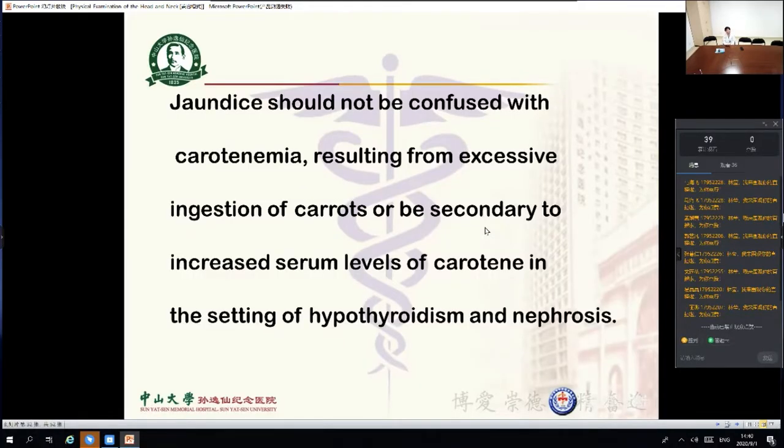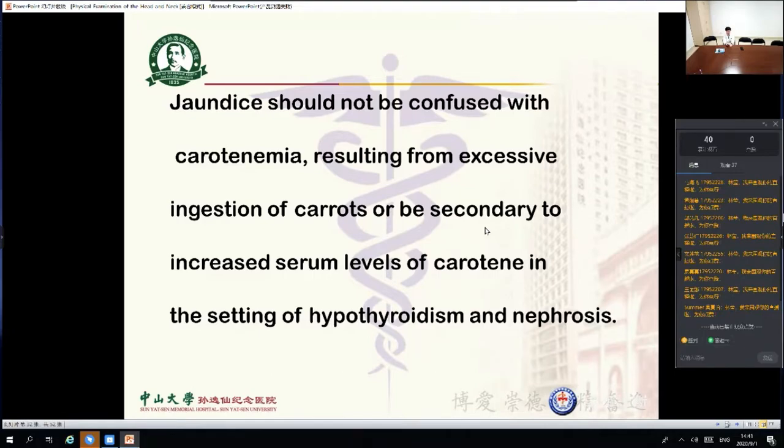Jaundice should not be confused with carotenemia, which is resulting from excessive ingestion of carrots, or be secondary to increased serum levels of carotene in the setting of hypothyroidism and nephrosis. Some patients have metabolic disorders, such as hypothyroidism or nephrosis.